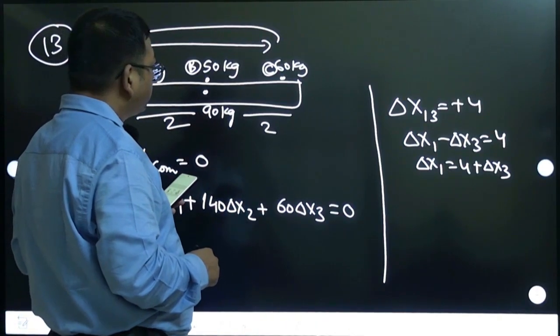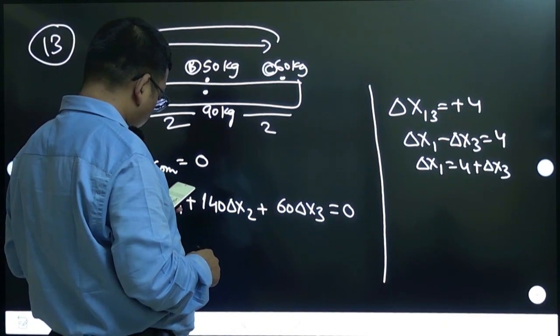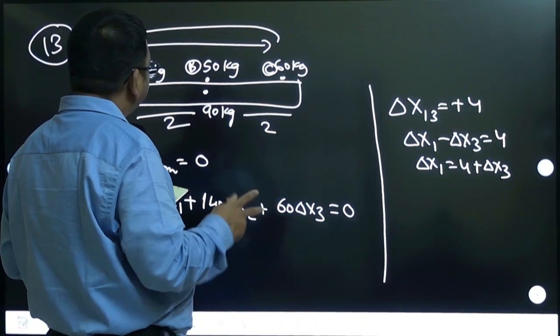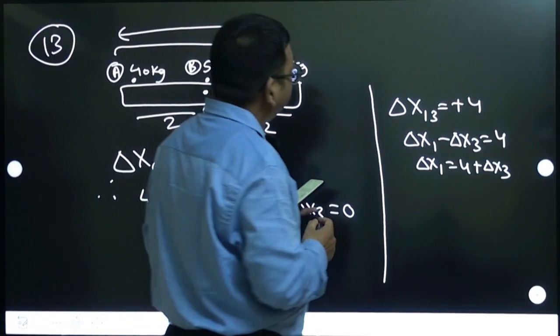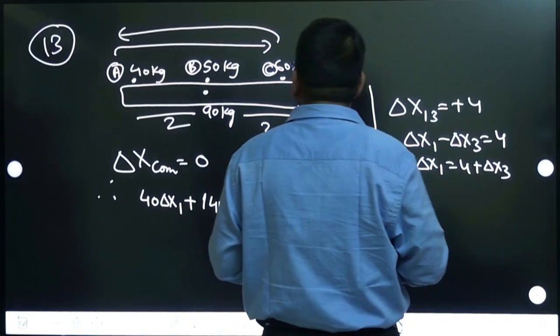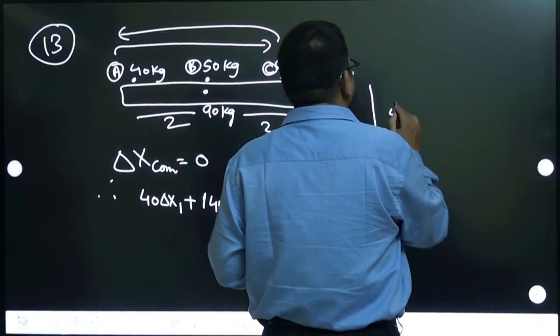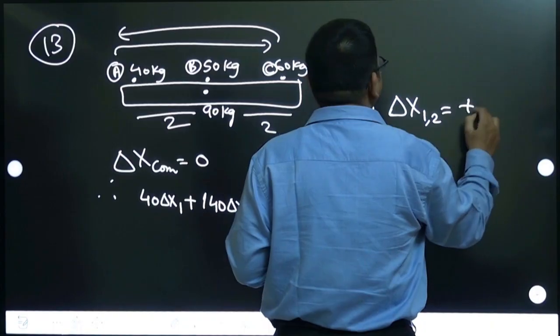No, we need to consider displacement of first, second with third. Third is displacing, right? With respect to second, it is displacement of first with respect to second. Okay. So displacement of first with respect to second, this is plus 4.